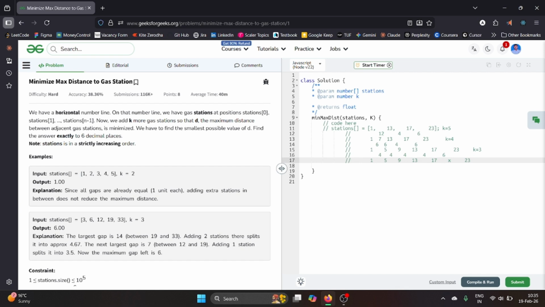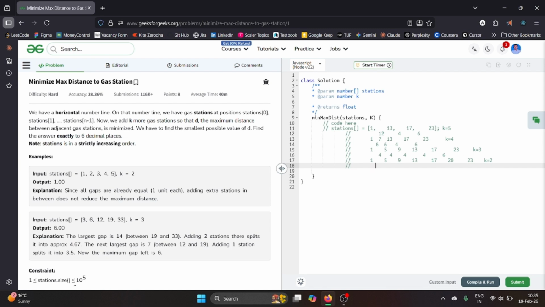If we put one gas station, then the gap will be created by 2, so 6 divided by 2 is equal to 3. So the next gas station will be after the third position, that means 17, 18, 19, and 20. So the new gas station will be at the 20th position, and we have only two gas stations left to put in between them.